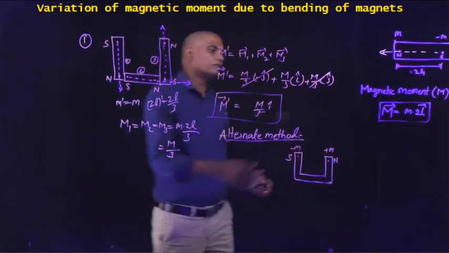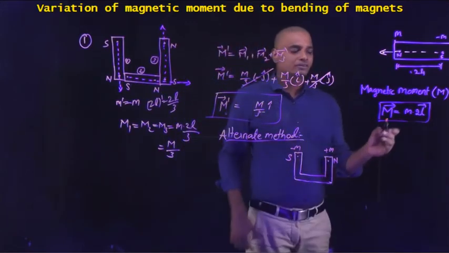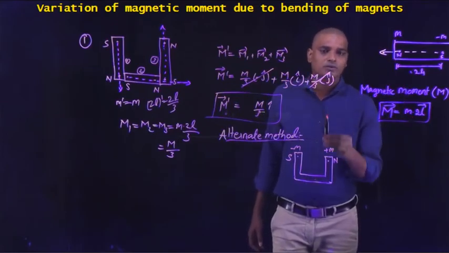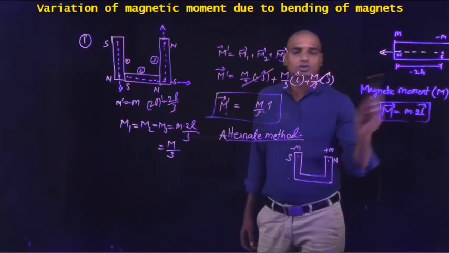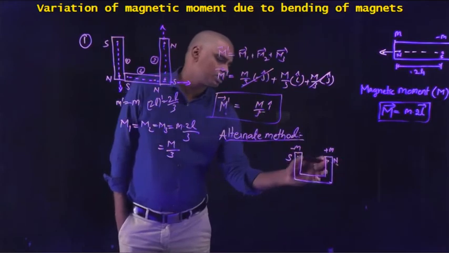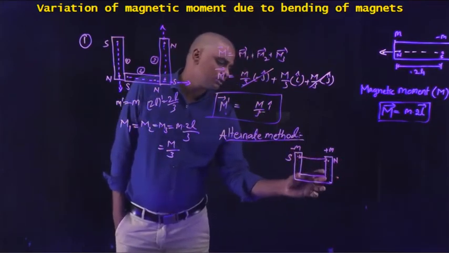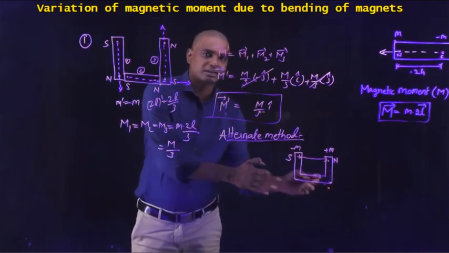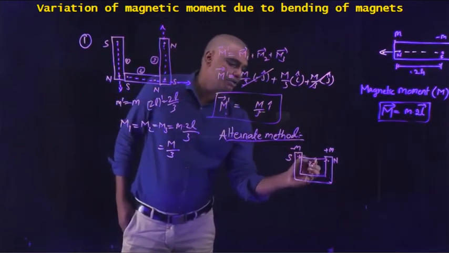From the definition of the magnetic dipole moment, it is given by the product of the pole strength of any pole and the distance between the two poles. Here the distance between the north pole and the south pole is nothing but the length of the second segment, which is 2l by 3.